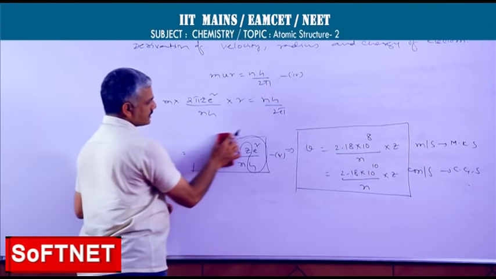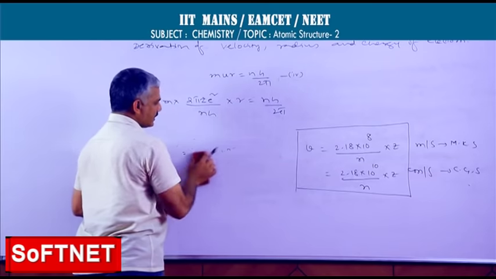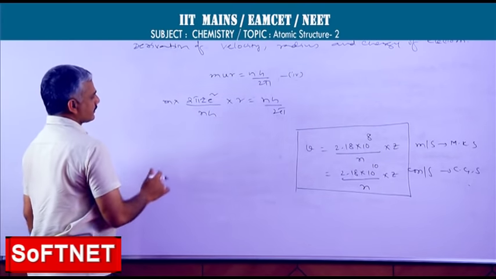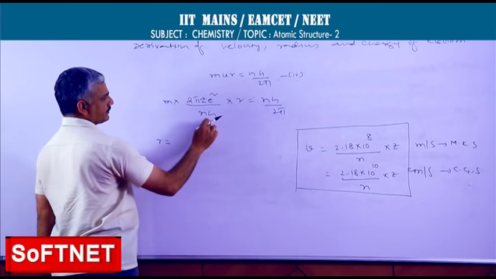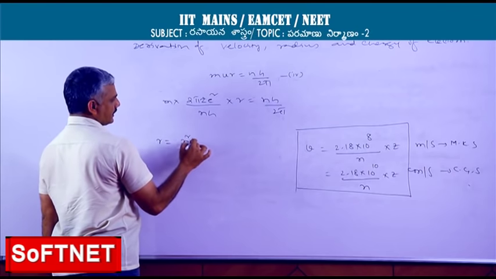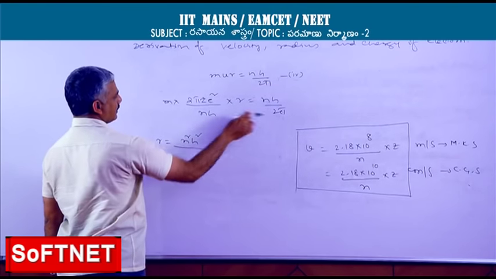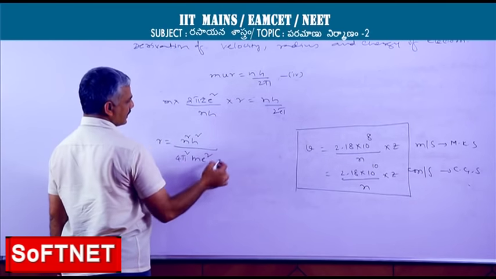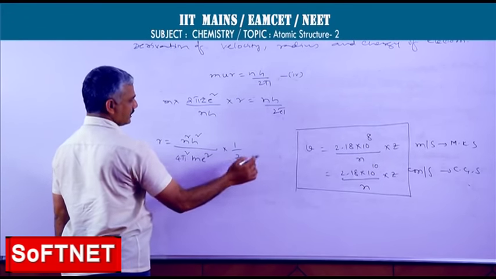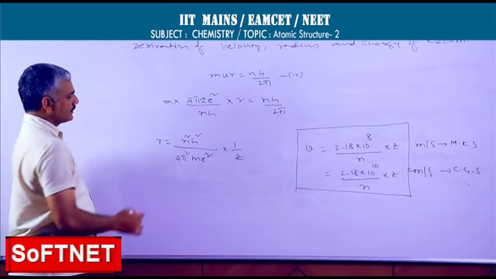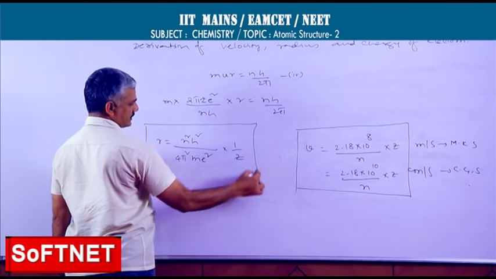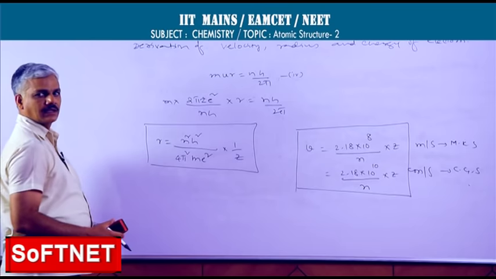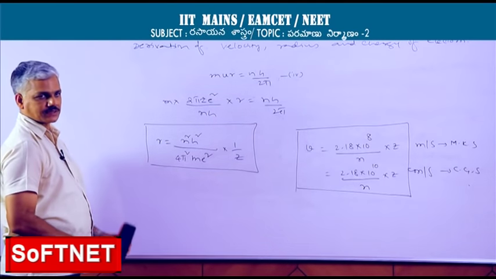This on further simplification can be condensed as r is equal to n square h square by 4 pi square m e square into 1 by z. So this is the expression used for the calculation of radius of the orbit.